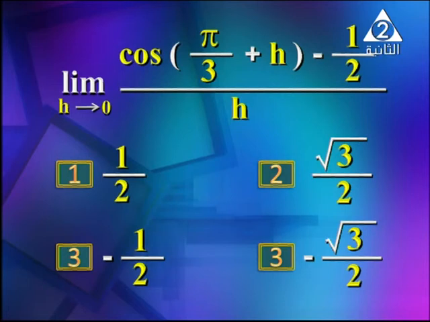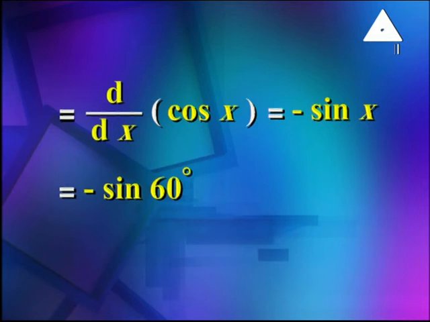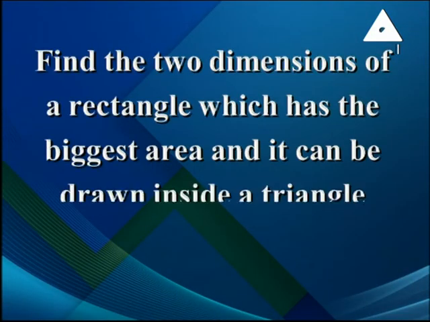Then the answer is d over dx of cosine x, which is negative sine x. We know that the differentiation of cosine equals negative sine, so at 60 degrees the answer equals negative root 3 over 2.